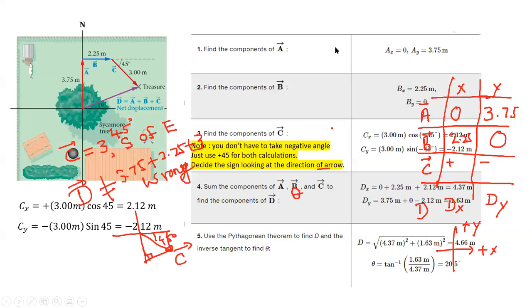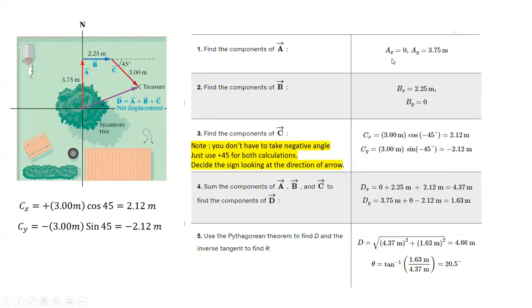Okay, we all figured out why Ax is 0, Ay is here. This is known, this is known, you can check. Now when you add those three, you can forget about A, B, C. When you add all together, you get your resultant vector.